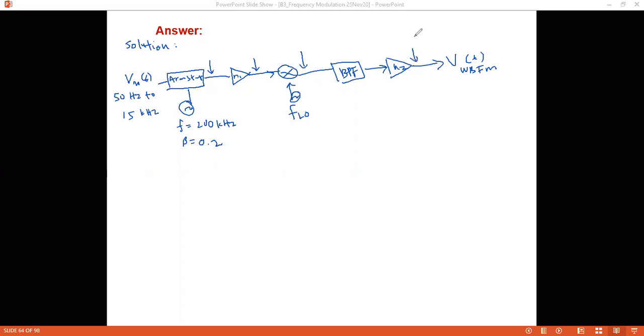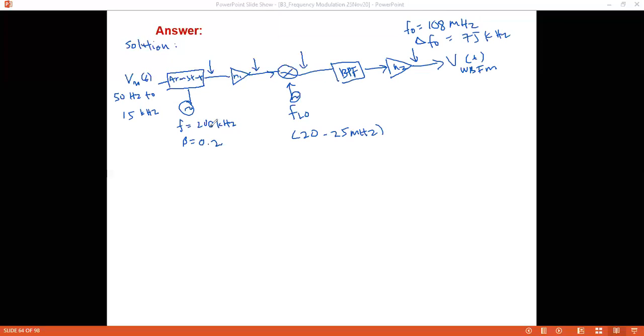Our output should be at 108 megahertz, and delta F output is at 75 kilohertz. The range of our FLO here is from 20 to 25 megahertz.